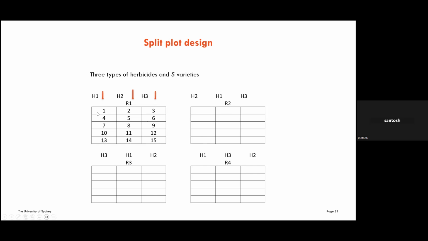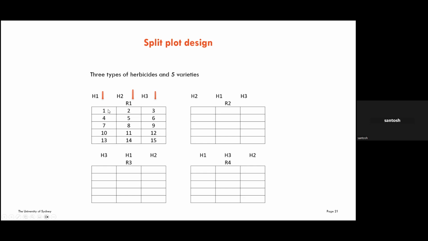So what you are trying to do is, if you were using a factorial experiment in RCBD, then you would have to apply different herbicide here, and a different herbicide here, a different herbicide here, which is not possible because you will have spray drift, right?